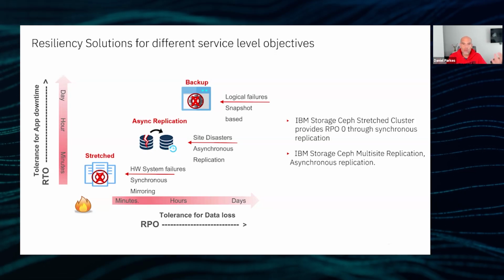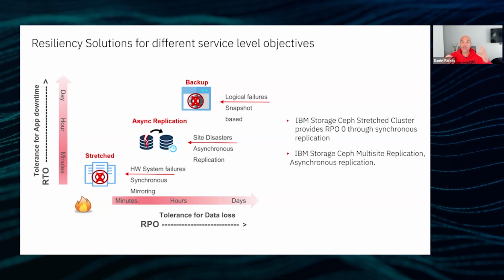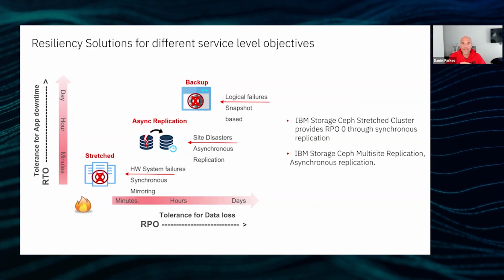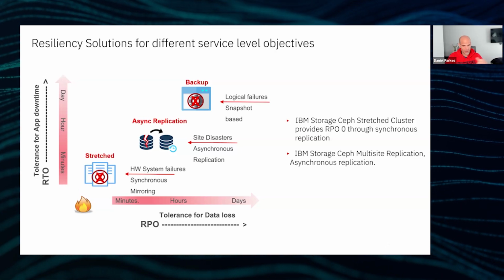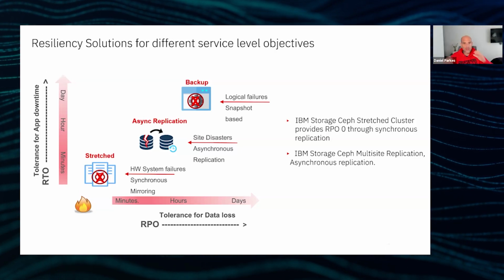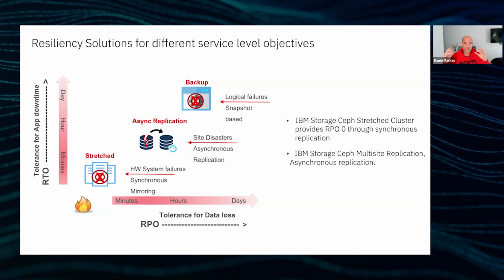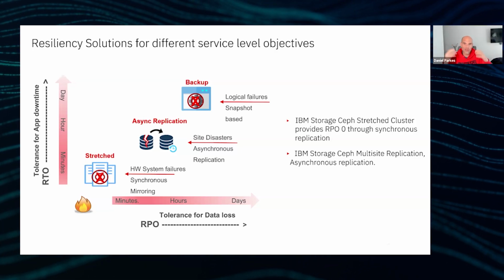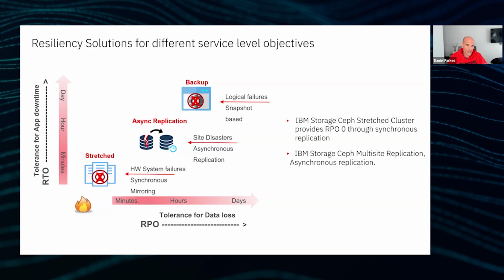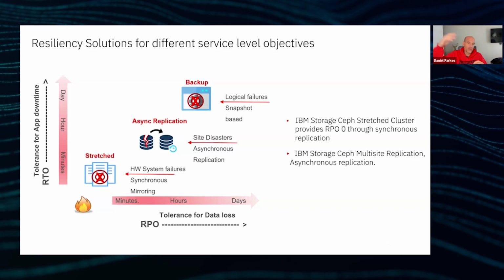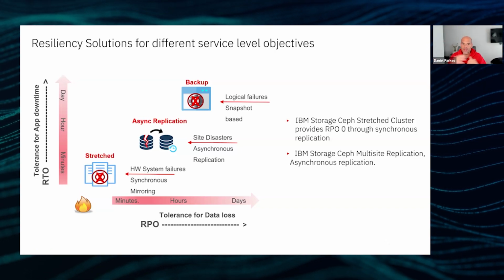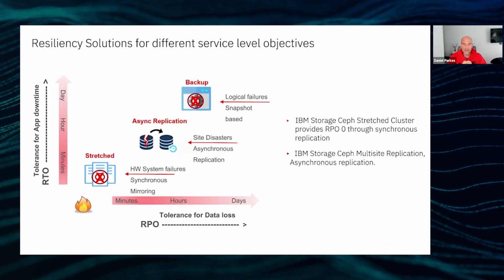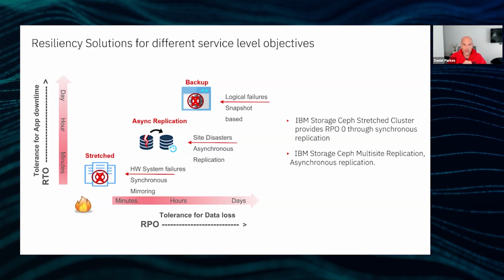We already know that resiliency solutions are based on service level objectives. Depending on how critical your application is, you can go from a very expensive solution with synchronous replication, RPO 0, etc., to your traditional backup and restore to tape as an example. So there are different grades there, and depending on your needs, you can choose one or the other.